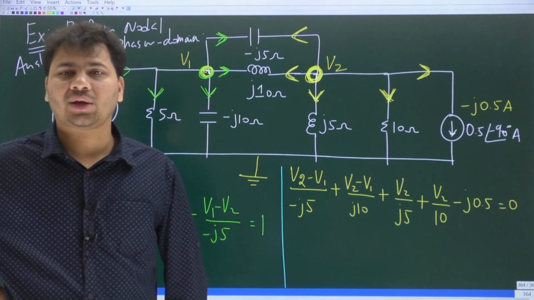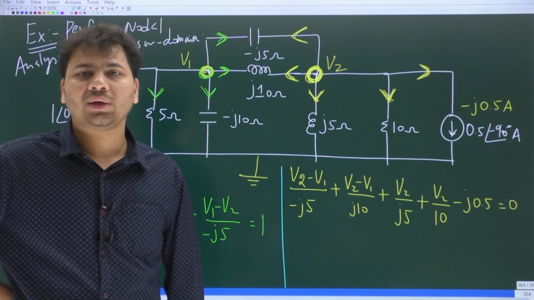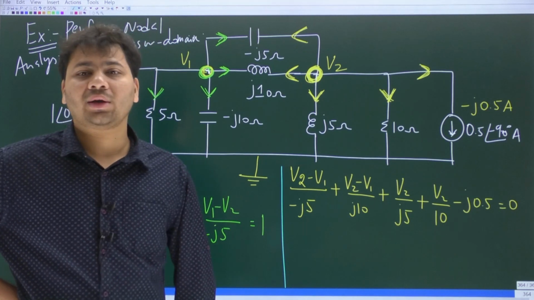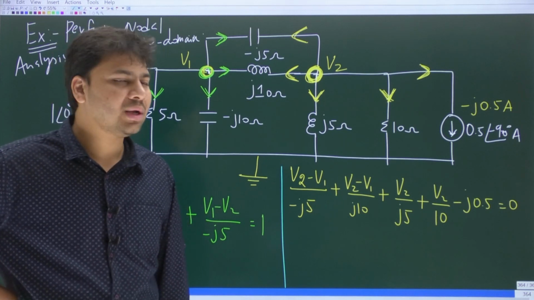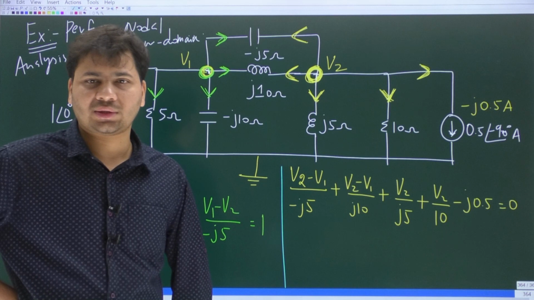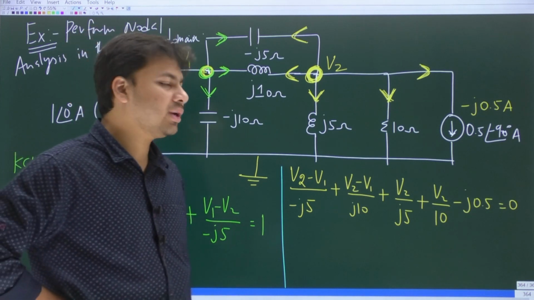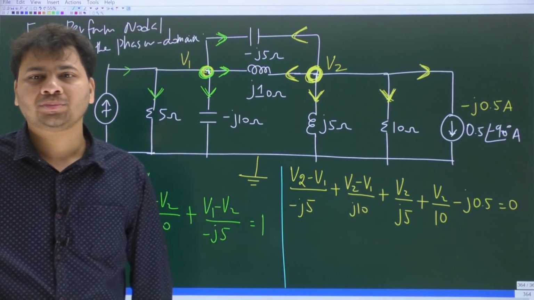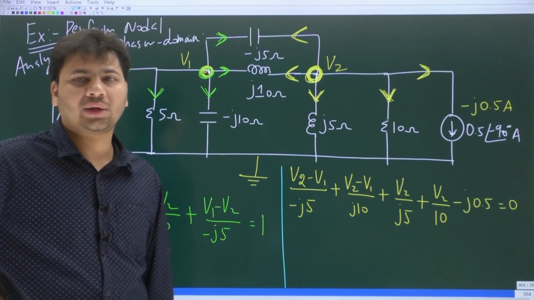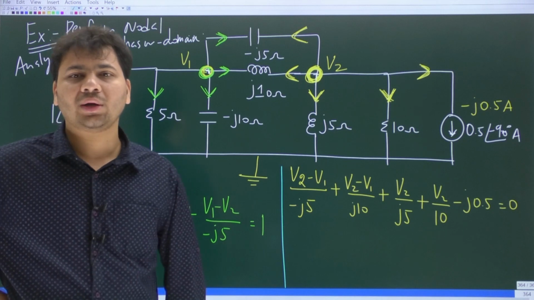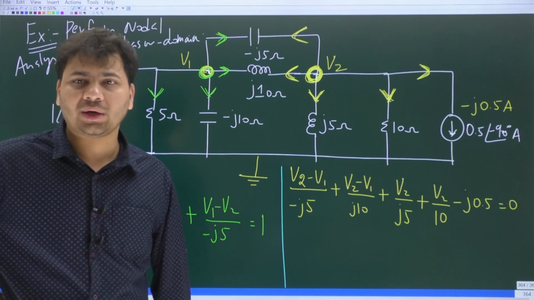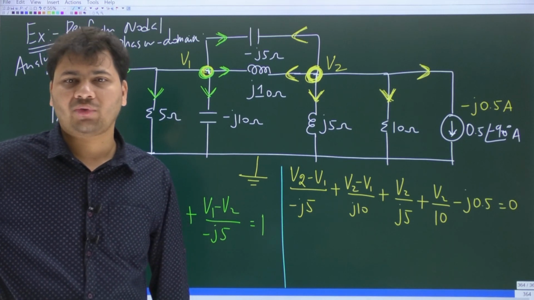Once you replace the capacitor and inductor with impedances, it is as good as a resistive circuit, because impedance obeys Ohm's law. Resistors also obey Ohm's law. So whatever we did for resistive circuits, all those techniques can be used in the phasor domain, because in the phasor domain, all elements become impedances, which obey some form of Ohm's law.